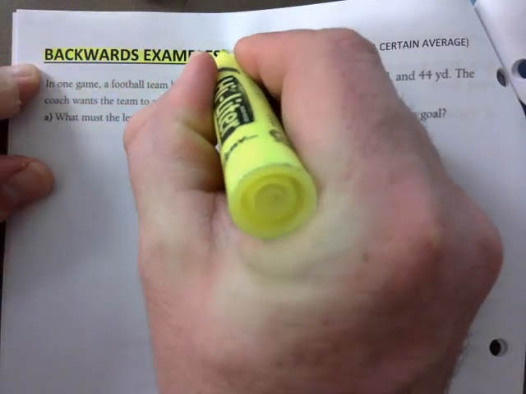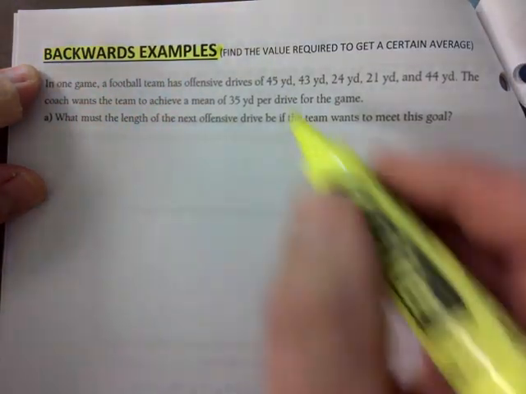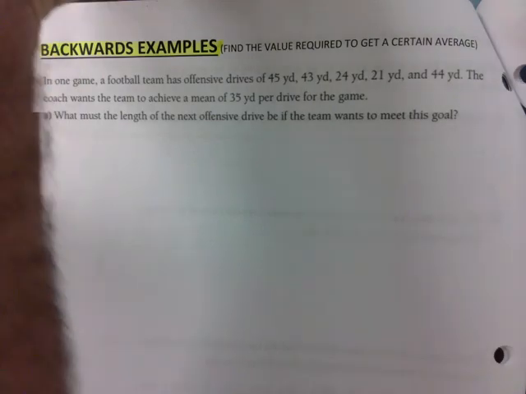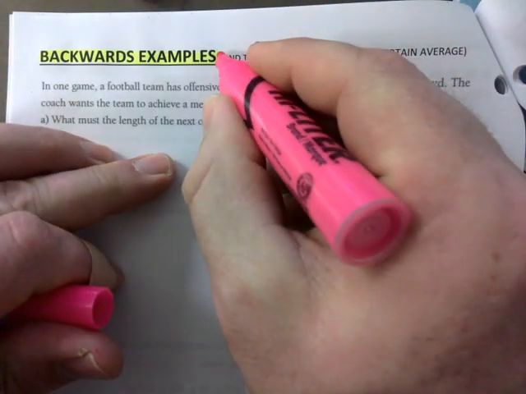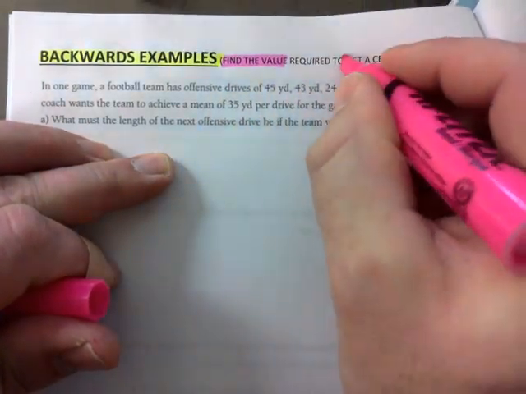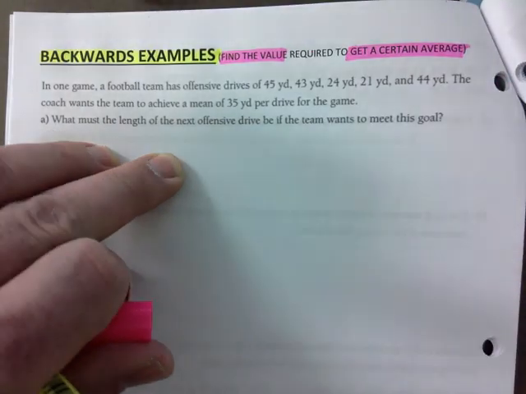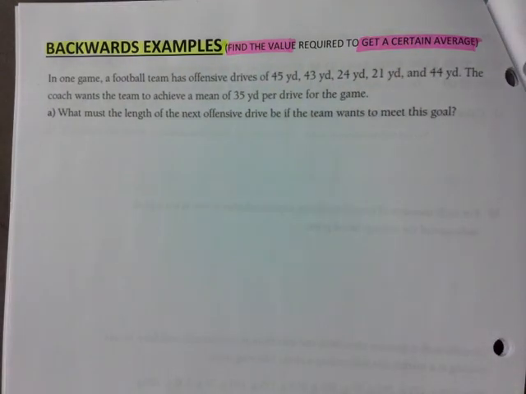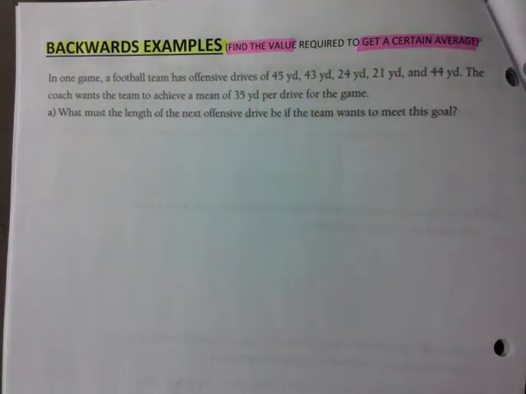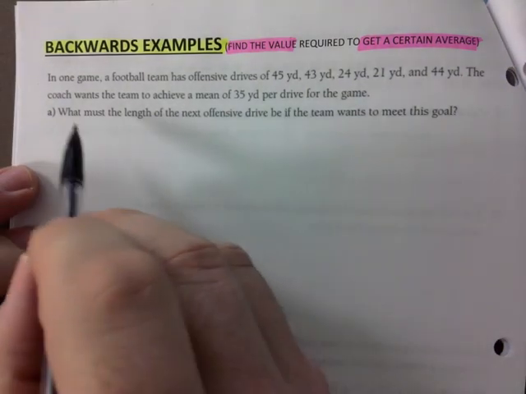So I'm going to highlight that just so you know, like we covered it, right? We basically are going to focus on finding the value to get a certain average. So that's backwards. Okay. So make sure you go to 23 and you follow along. Okay.